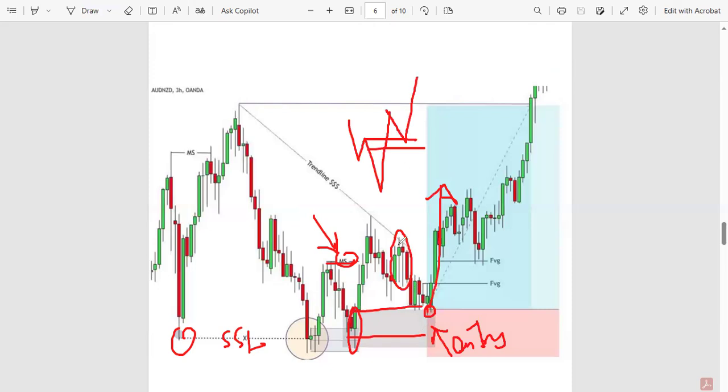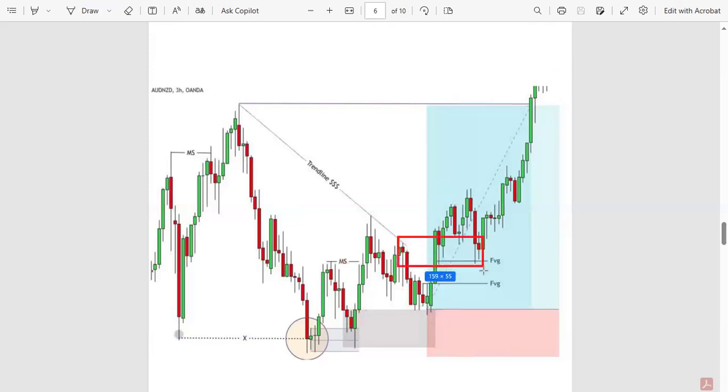What you can see here is that price went down and then higher, went above this level, so you expect price to come down here. That's the breaker block. I've marked it there. So that's going to be your breaker block.